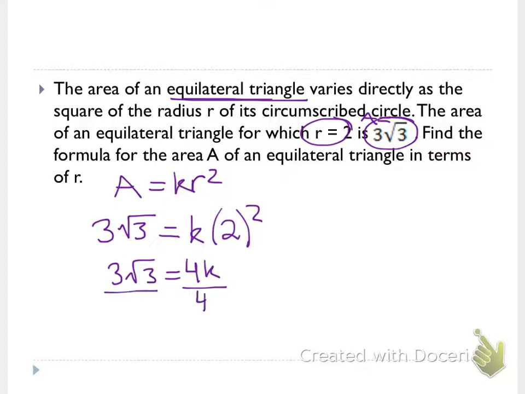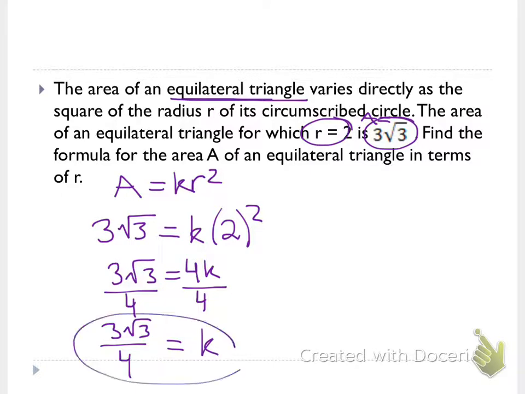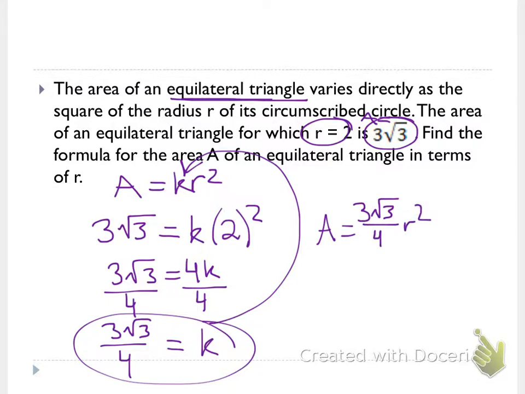Divide both sides by 4. And we have that k equals 3 root 3 over 4. Is that enough? No, it's not enough. We have to take this k and plug it back. So A equals 3 root 3 over 4 r squared. Now we're done. That's our final answer.